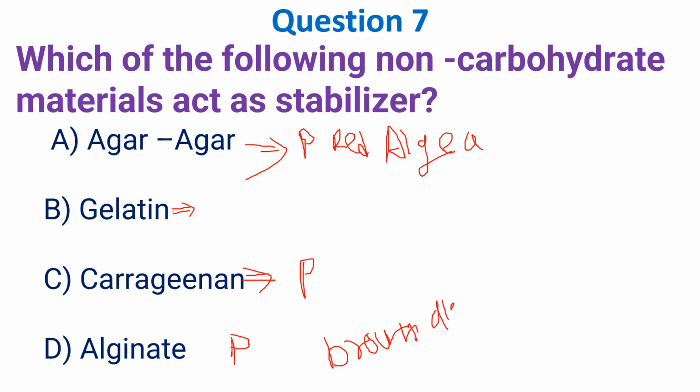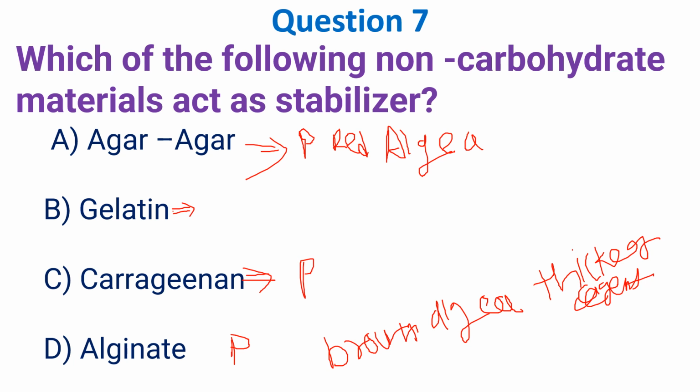Alginate is used in food industry as a thickening agent in drinks, ice cream, gelling, and many products of food industry. This is the use of alginate.